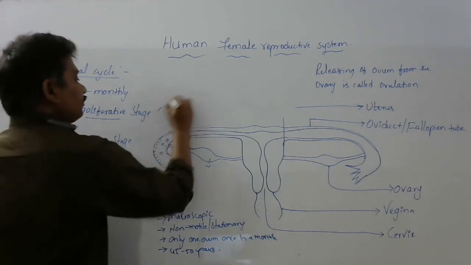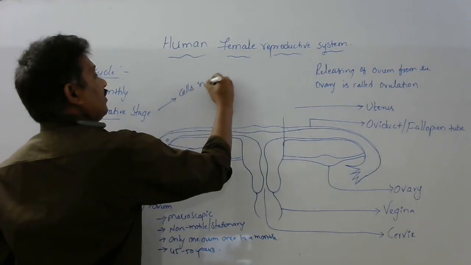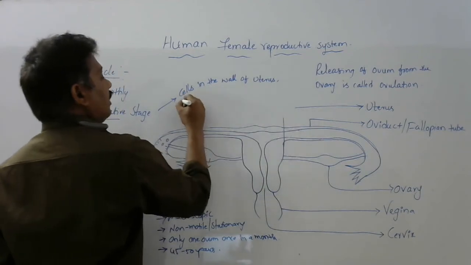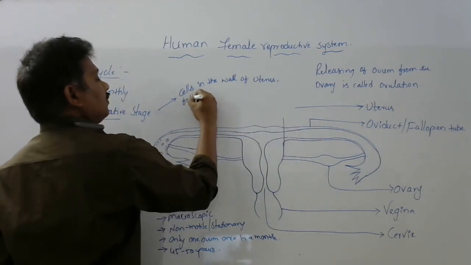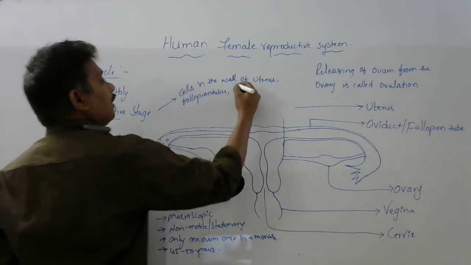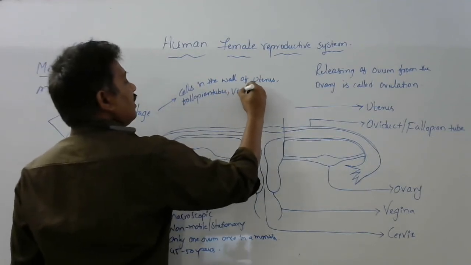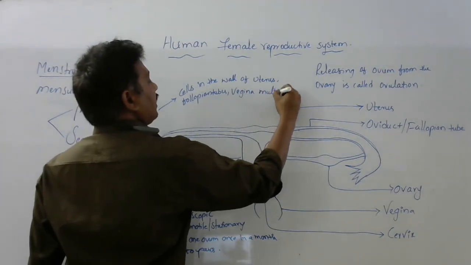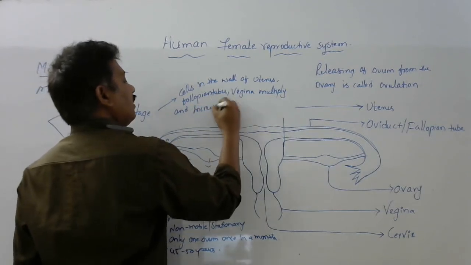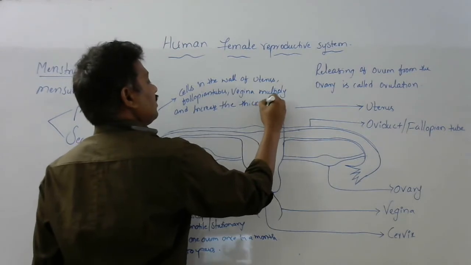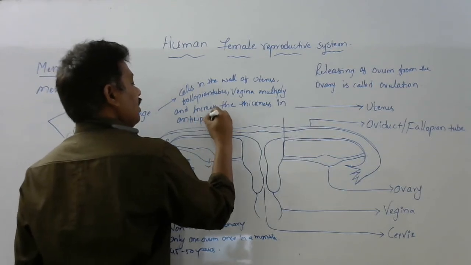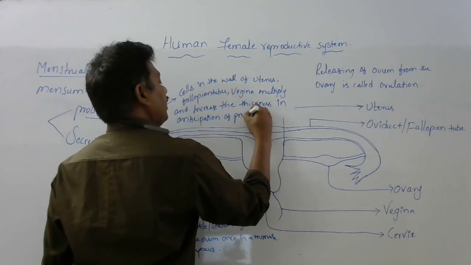What happens is cells in the wall of uterus, fallopian tubes, vagina multiply and increase the thickness in anticipation of pregnancy.